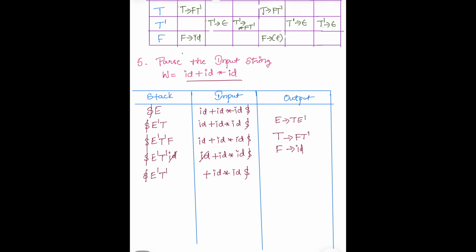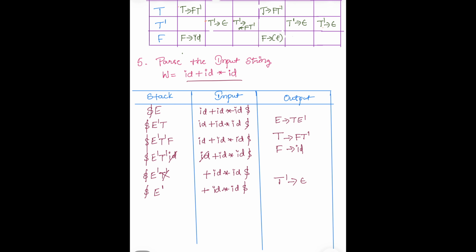Since there is no multiplication, we apply T prime produces epsilon, which means T prime will disappear. So next, dollar E prime, and the input is plus ID star ID dollar.